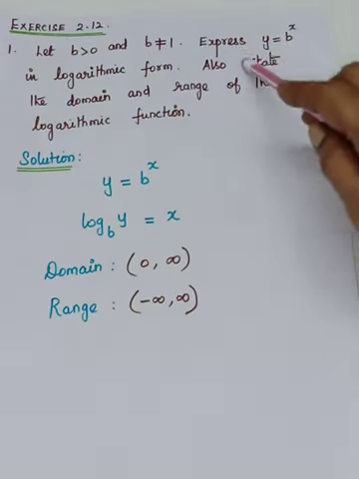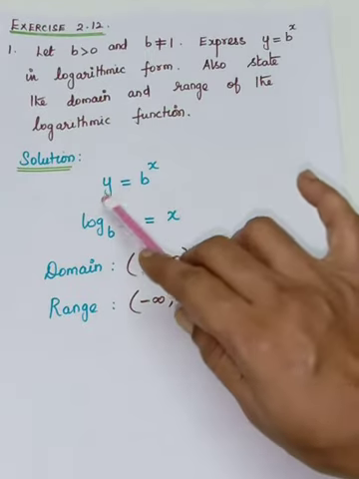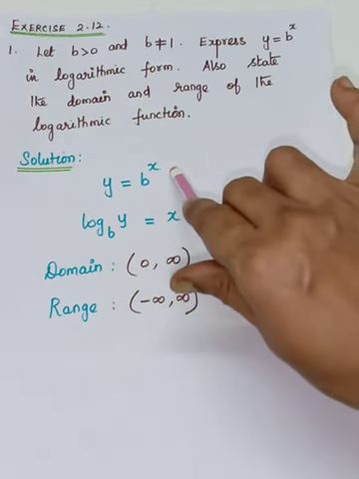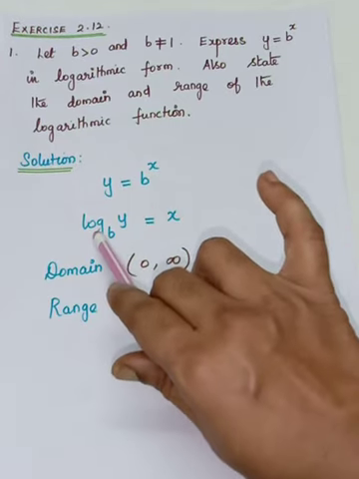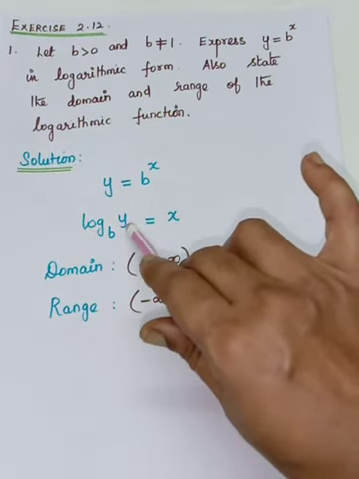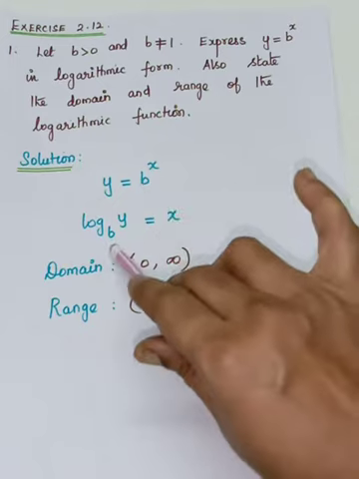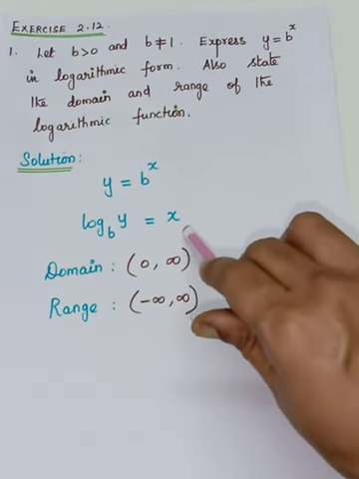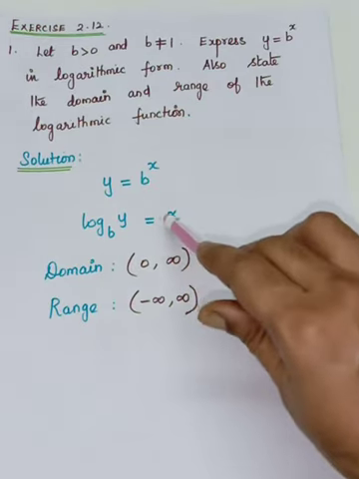Now it is in the exponential form, y is equal to b power x. How to write it in terms of log? Log y to the base b is equal to x.